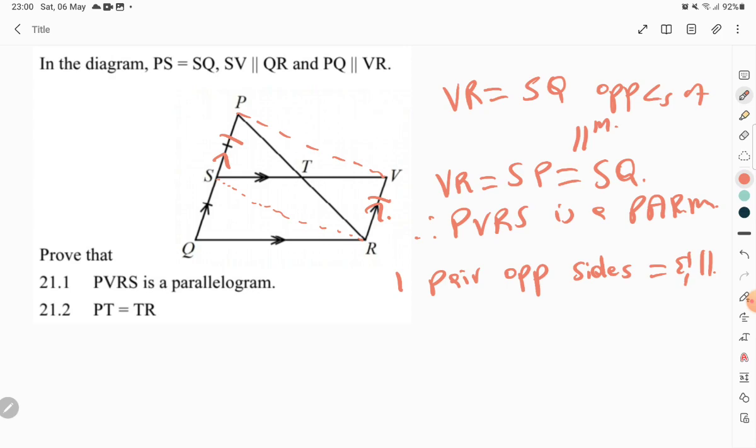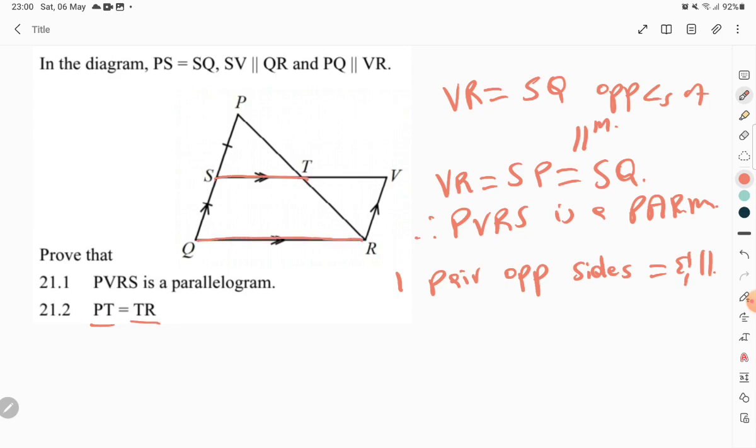Then number 21.2, PT is equal to TR. We need to prove that PT is actually equal to TR. That makes us go back to that converse theorem, because we have this S which is in the middle of QP, and this ST is actually parallel to this.